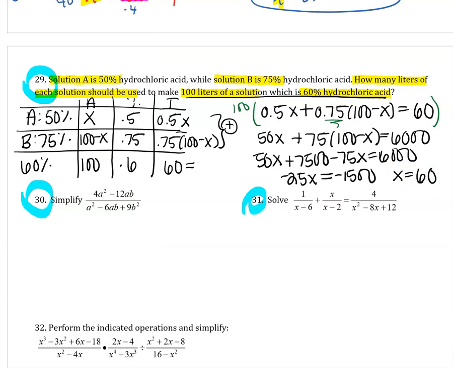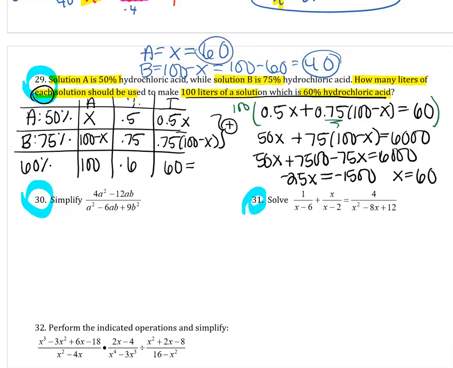Now, the problem is asking for how many liters of each solution. So keep in mind that if solution A is x, then x would be 60. If solution B is 100 minus x, then 100 minus 60 is 40. And that's how much of each solution you should have.